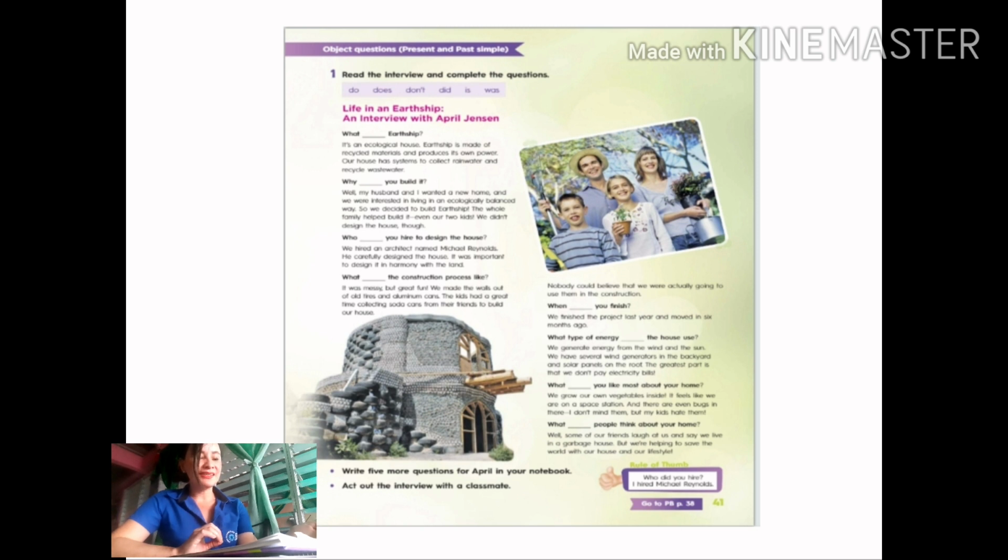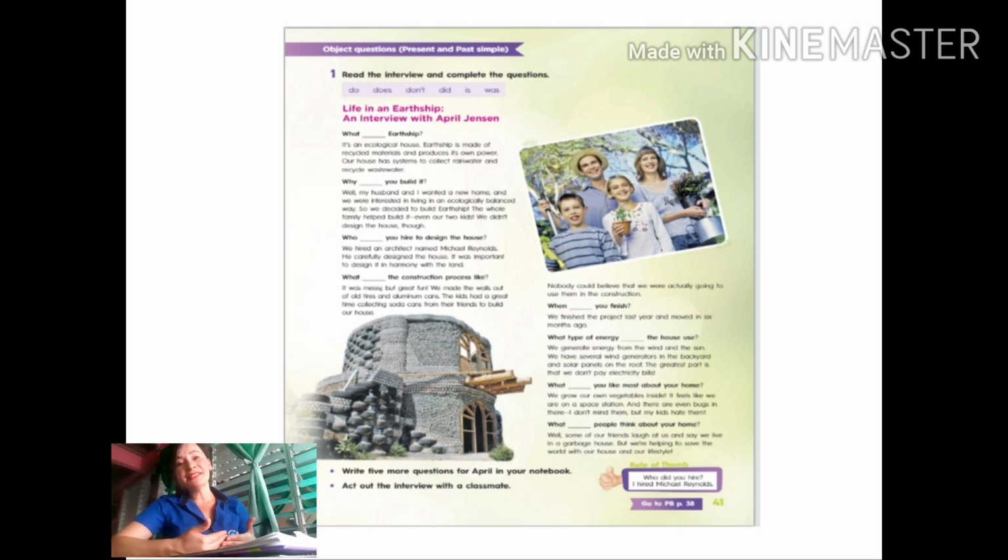Our house has systems to collect rainwater and recycle wastewater. According to this information, what is the correct word that you are going to use to complete the question? The correct one is is.